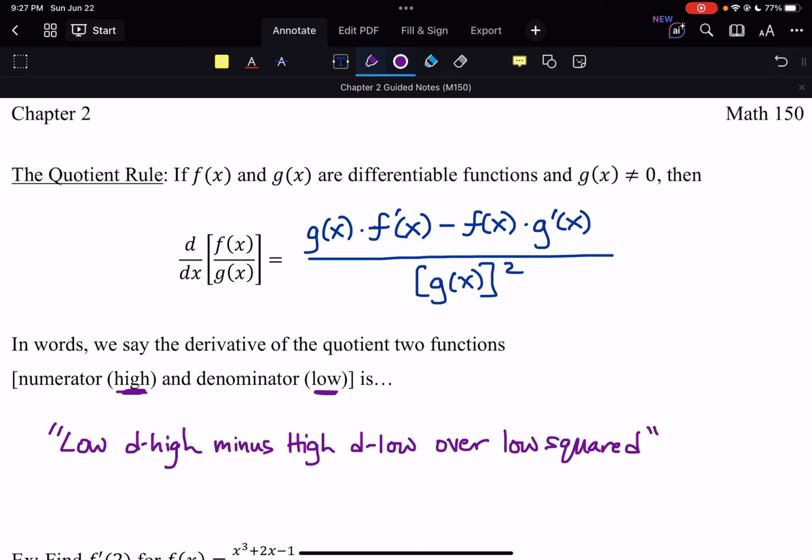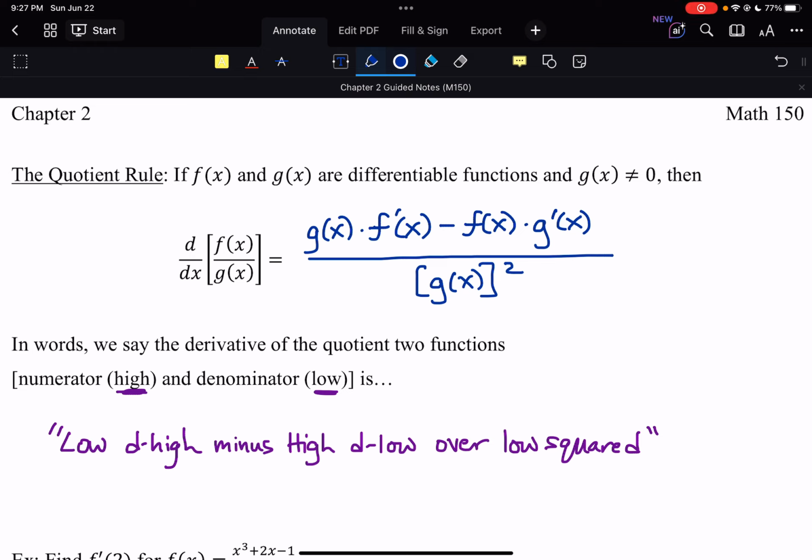If that mnemonic doesn't help you remember it, don't worry about it. It's okay. But it is important to remember the quotient rule and this specific order. Because with the product rule, you get f prime times g plus g prime times f. If you mix it up, the addition means that it doesn't really matter what order it comes in, as long as you have them paired properly.